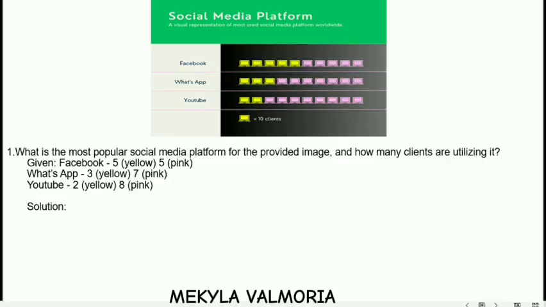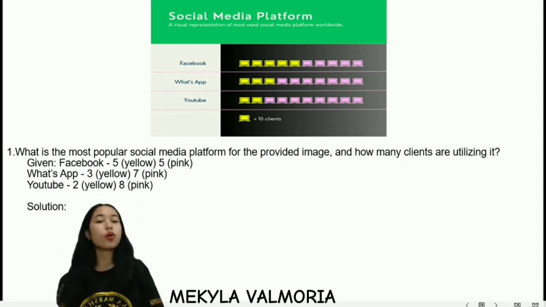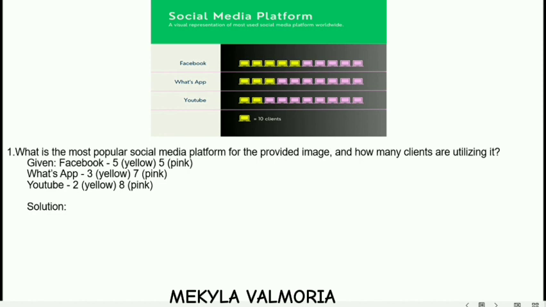So this is the solution for Pictograph. What is the most popular social media platform for the provided image and how many clients are utilizing it? The given are Facebook 5 yellow and 5 pink, WhatsApp 3 yellow, 7 pink, YouTube 2 yellow and 8 pink. So the equivalent of yellow is 10 clients.